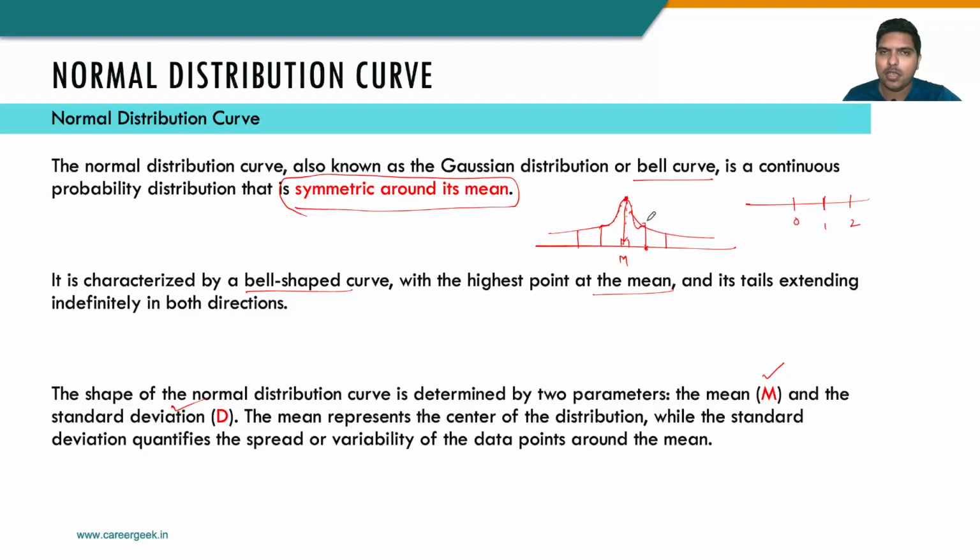So in the bell curve, the next point is marked by one deviation. So if I add 1d, this point becomes m plus d, and the next point becomes m plus d plus d. If I come to the left, I have to subtract deviations, and subtract one more deviation.